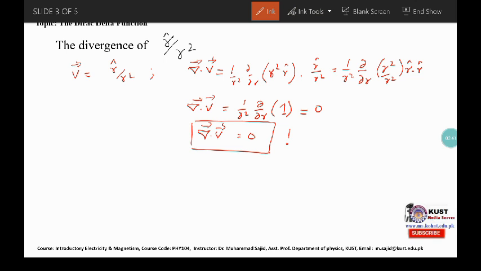This is equal to 0 and we have to find why. So we can use the divergence theorem for this vector function v.